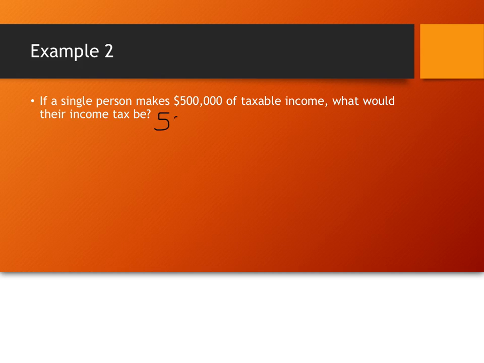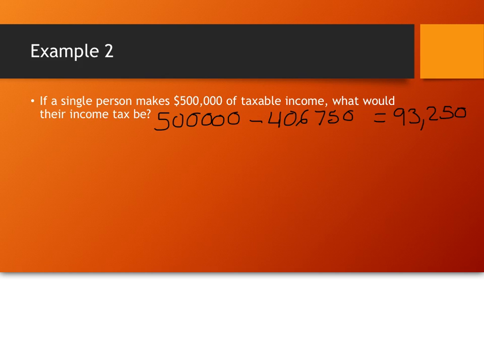So if you made $500,000 that means you are in the very top category. So the very top category is the 39.6% category, or the over 406,750 category. Okay. So you've made $93,250 over the 406,750.